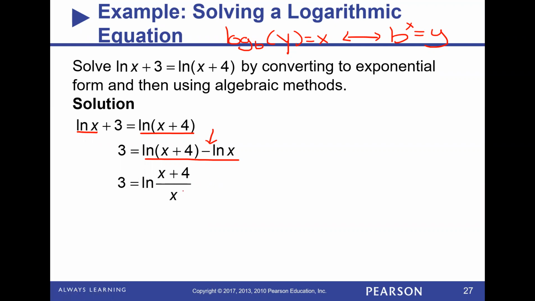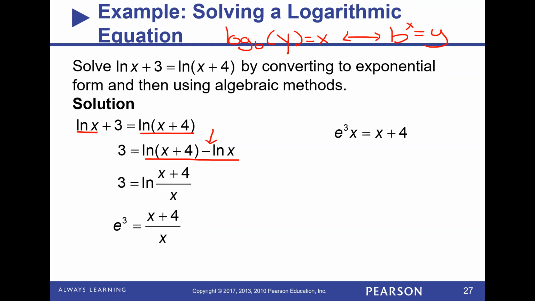Once it's here, now I can invoke this rule. Remind yourself that our natural log is base E, so we have E to the 3rd equals the inside. And now we can do our algebra and solve.